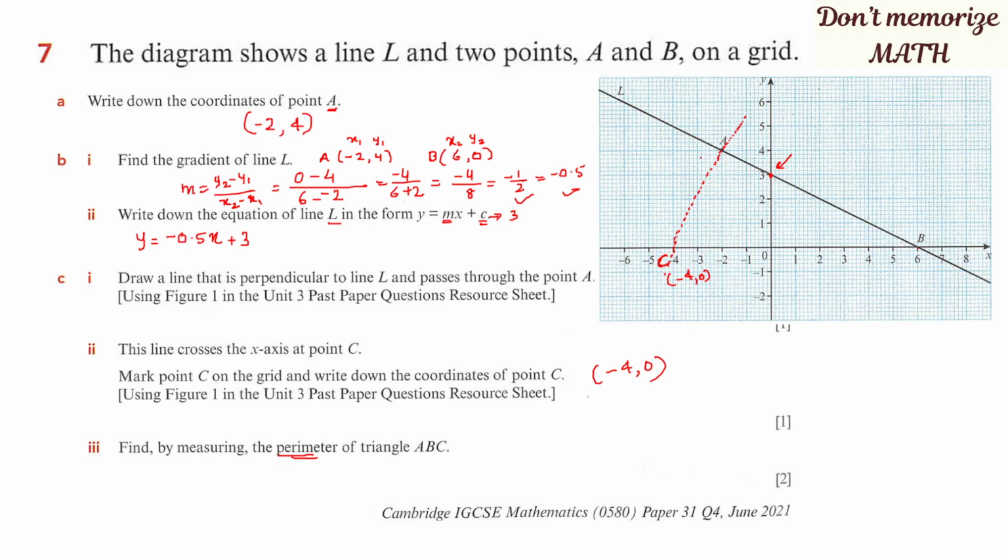Just add all the side lengths and you will get the answer. I think in the textbook they have mentioned 9.25. Don't write centimeter or meter or anything, because no units are mentioned in this question. So just write 9.25 units.